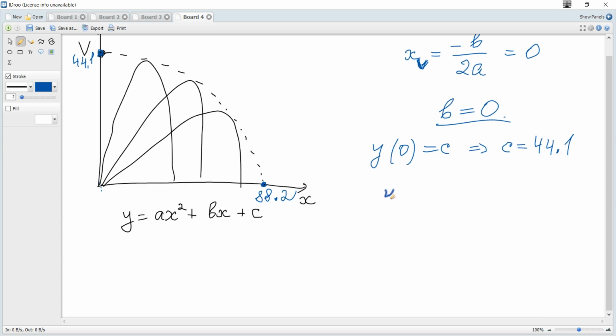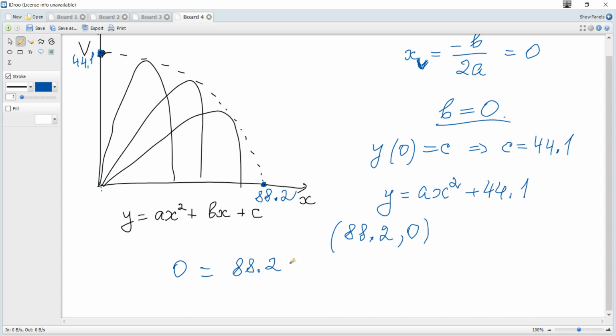And hence it becomes y is ax squared plus 44.1, and substituting 88.2, 0, it's a point on our curve, it's a root, we get 0 is a times 88.2 squared plus 44.1.